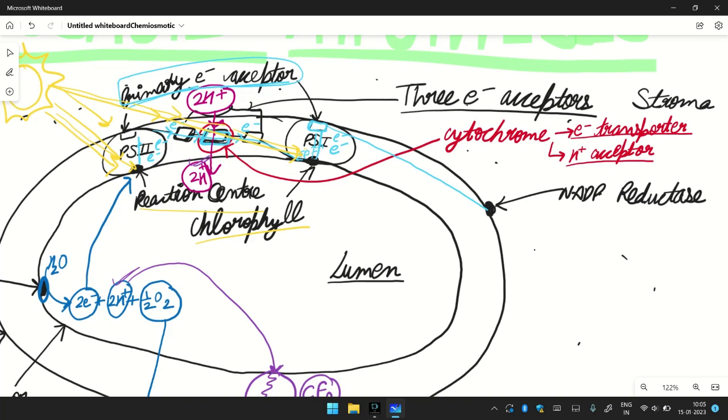And now here what happens? Here our NADP reductase reduces the NADP with the help of the protons.